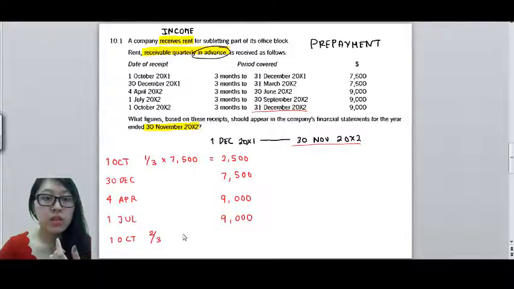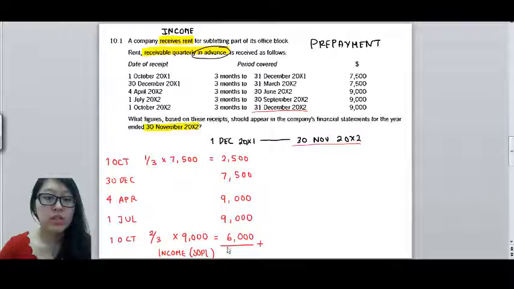So 2 months out of this 3 months, we can recognize as earned. This will be $6,000. Now, what will all of this be? This will be our income in the SOPL, and this will amount to $34,000. This is our earned income.